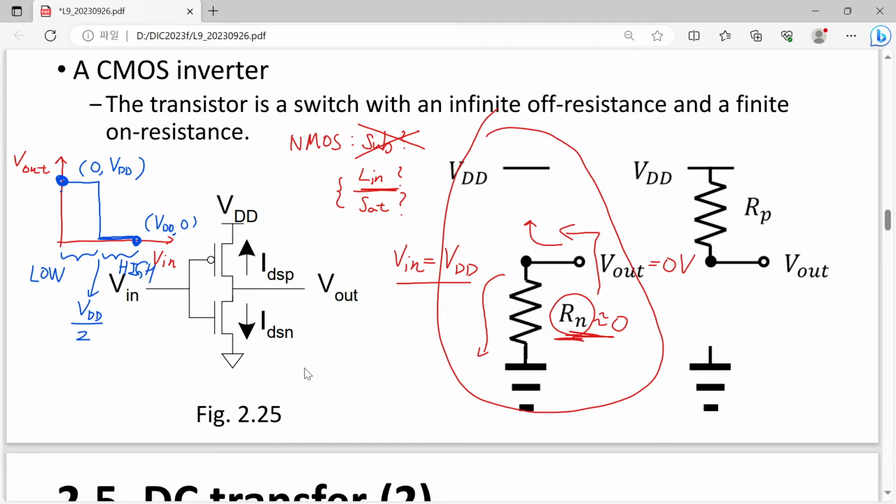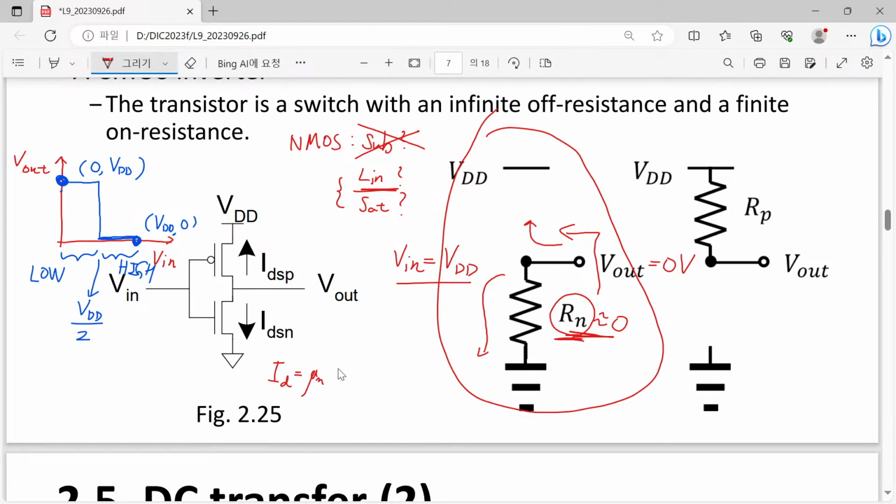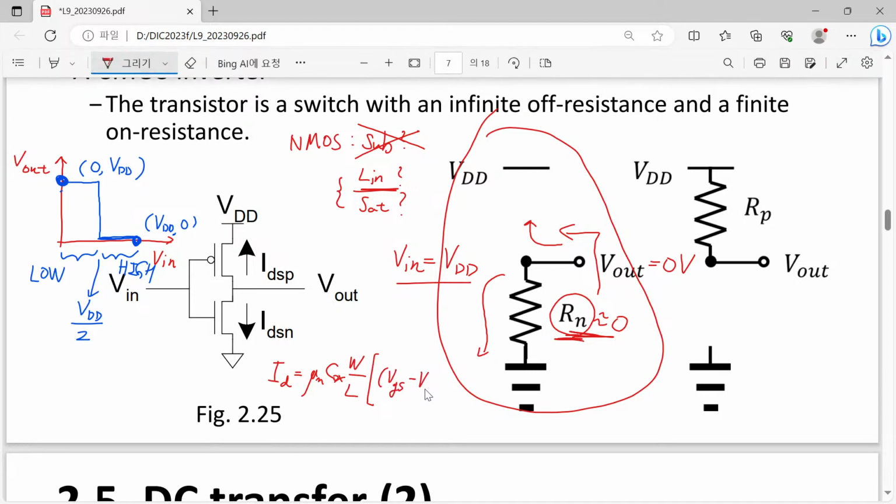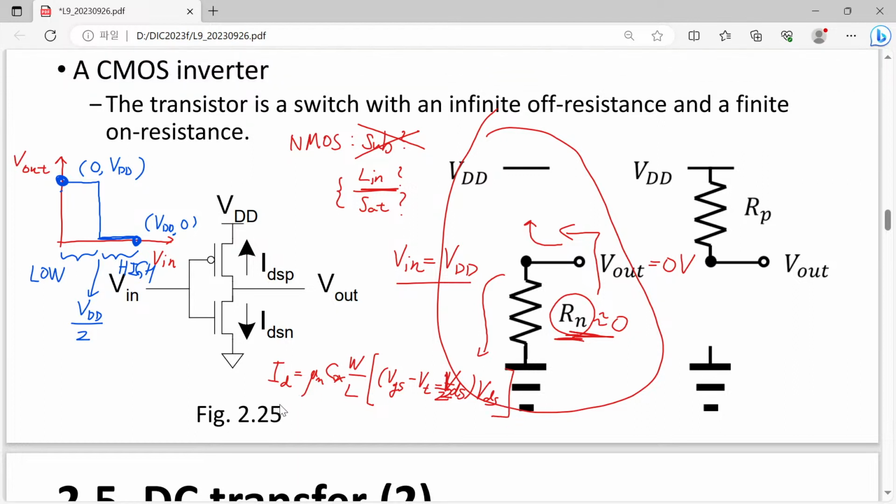If the device is in saturation mode, then you can write down: mu n Cox W over L, in the case of a long channel MOSFET, VGS minus VT minus VDS, and here we have half of VDS. So now we can have this form.